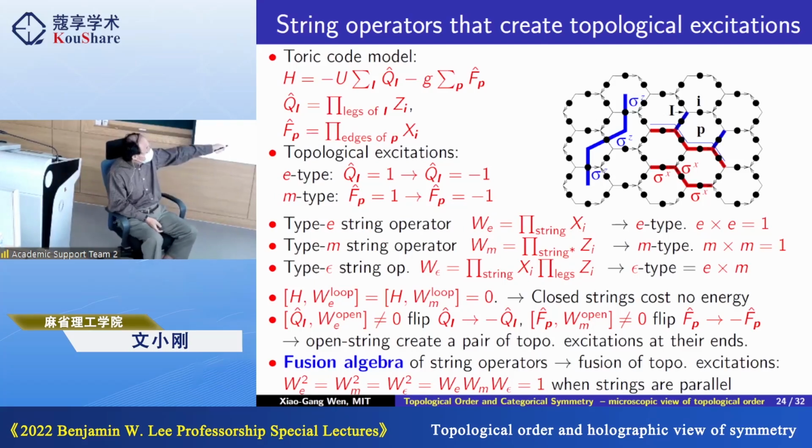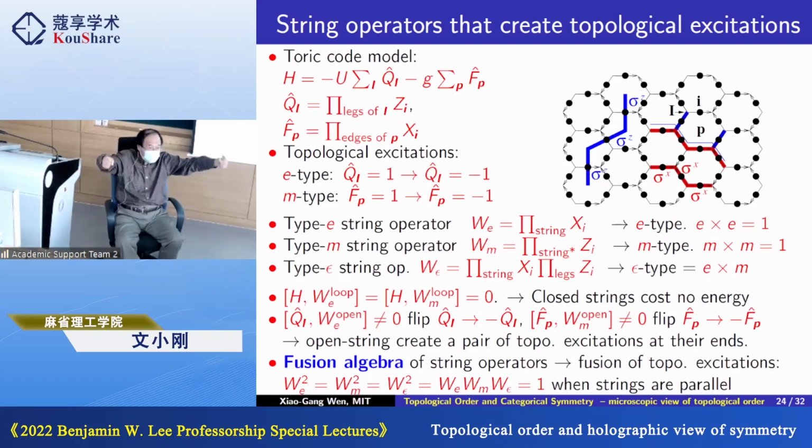And we know that a string operator creates two topological excitations. So these two, E and E together, should be a boson. But that leaves some room. If the E-E bound state is a boson, E itself may be a boson, maybe a fermion. So how do you know the statistics for a single E? How to do that?